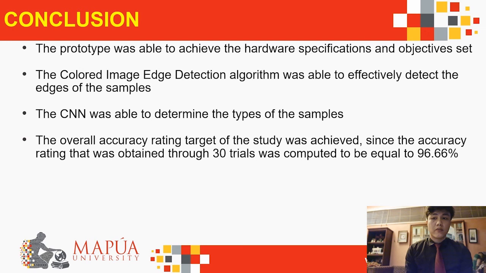For the fourth and final part of our conclusion, the overall accuracy rating of the study was achieved. It was originally targeted at 93.5%. We achieved a final accuracy rating of 96.66%.